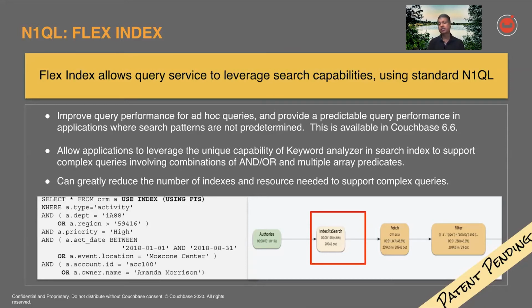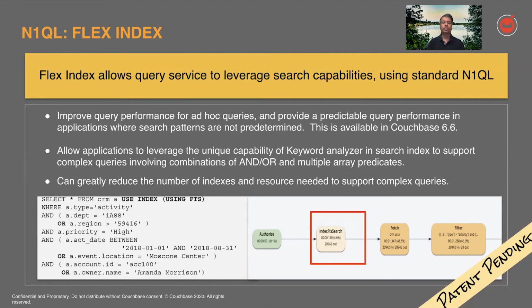In this case, when we say keyword analyzer, it stores the values as is and indexes them. So for the range predicate, we want the values to be stored as is, just like how we store them in a GSI index.